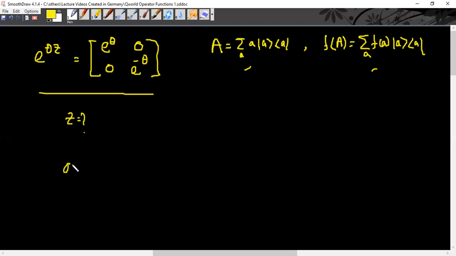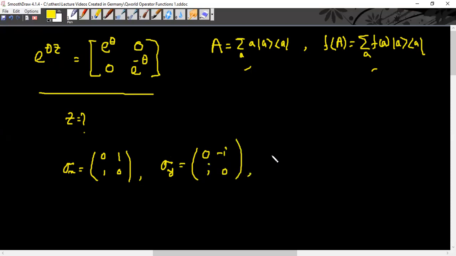Well, I hope you remember the Pauli matrices: sigma X is 0, 1, 1, 0, sigma Y is 0, minus i, i, 0, and sigma Z is 1, 0, 0, minus 1.